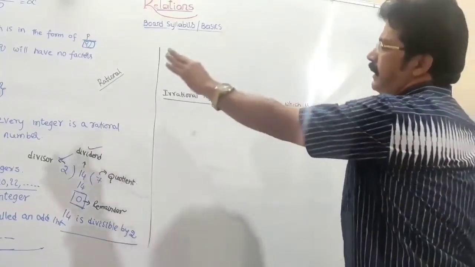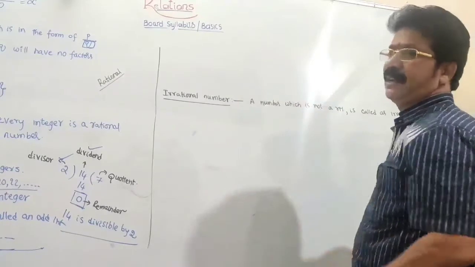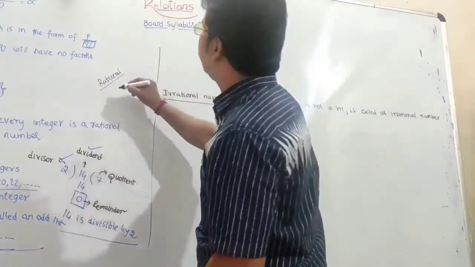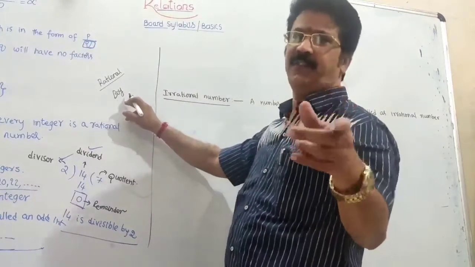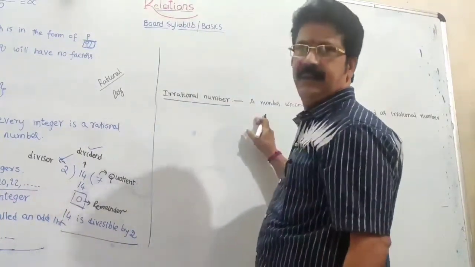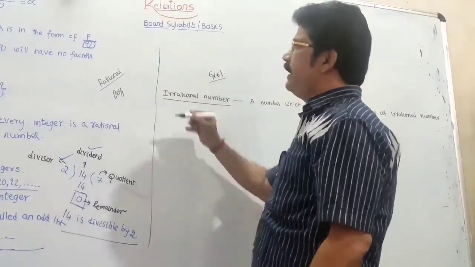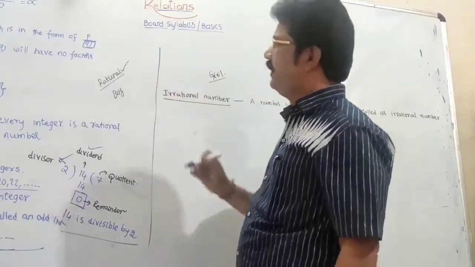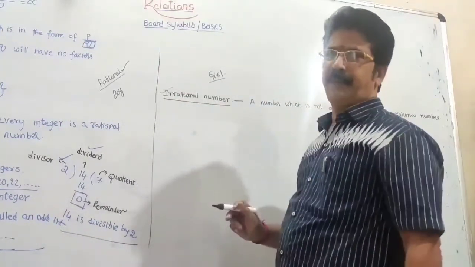We can give the simple definition for irrational number. If it is not a rational number, then the number is irrational. For example, it is a boy. If a person is not a boy, definitely it is a girl. In the same sense, if a number is not a rational number, then it is an irrational number.